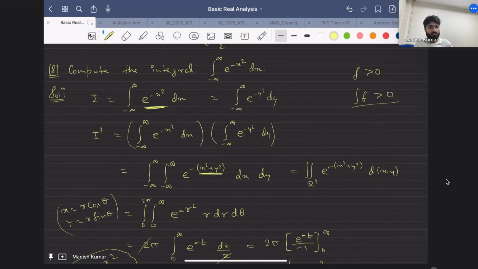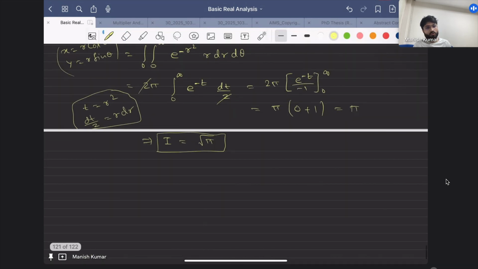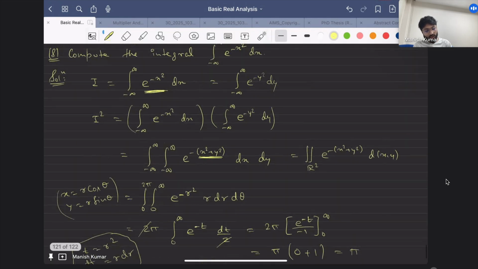Sir, the integral should be unique, no sir? Yeah, it is unique. So what I'm saying is that here there are two possibilities for I, but it cannot be minus root pi, because I know my integral has to be positive, because my function is positive. So I cannot get minus root pi, so I has to be root pi.